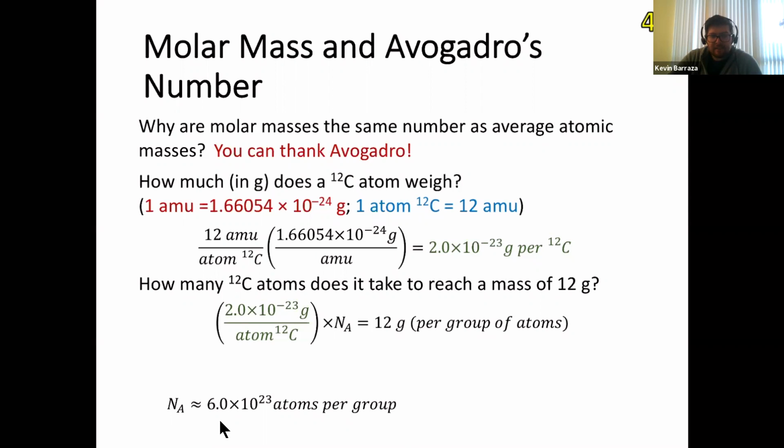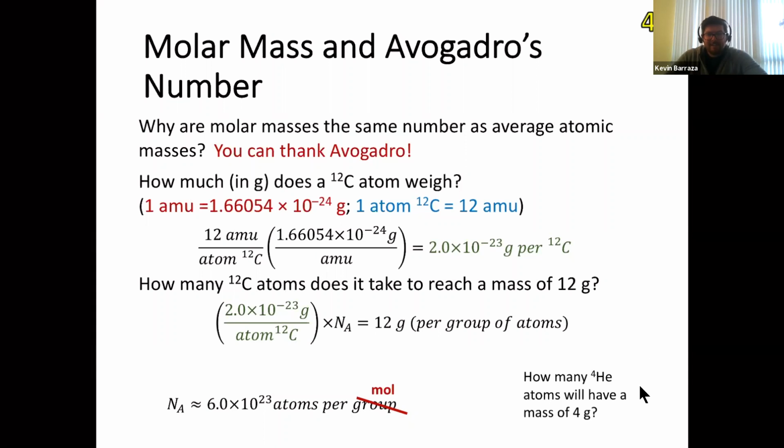And I get 6.0 times 10 to the 23, which should be a nice number for us because we recognize that that is what we've been calling a mole. It doesn't have as many significant figures, but that's okay. With better measurements, we would have gotten the same number. What this tells us is that a mole of particles is the amount you need to reach the same number as the periodic table, in grams.